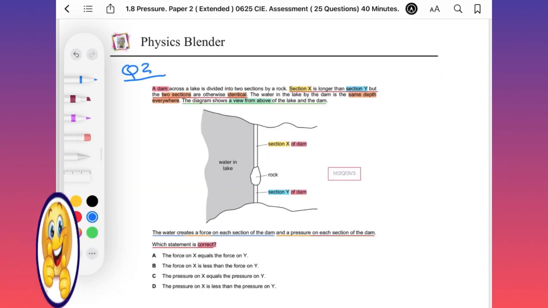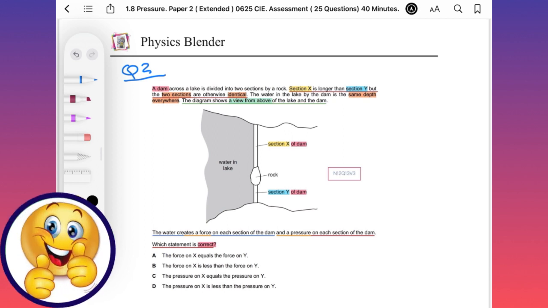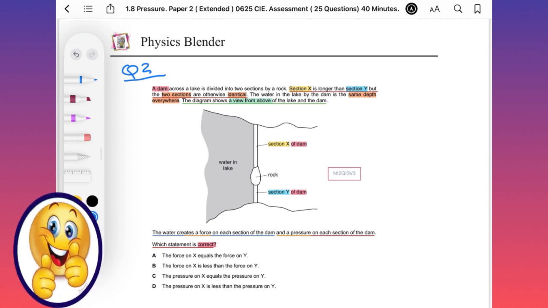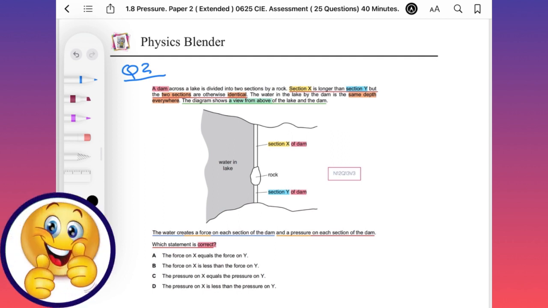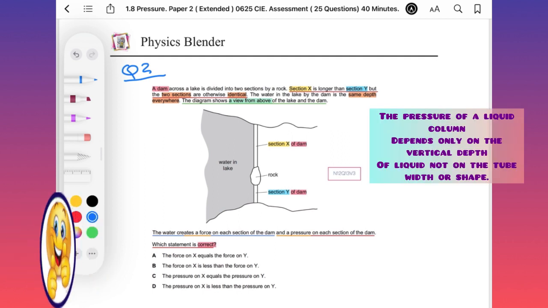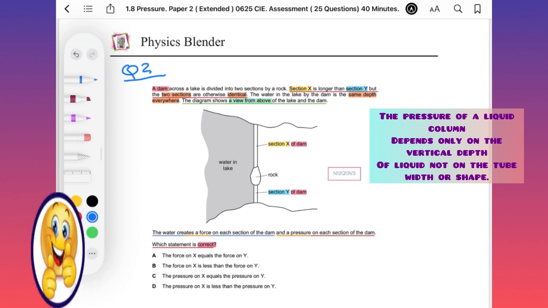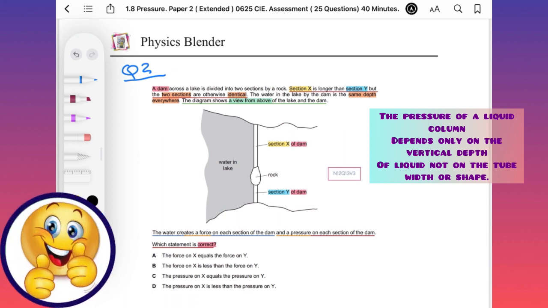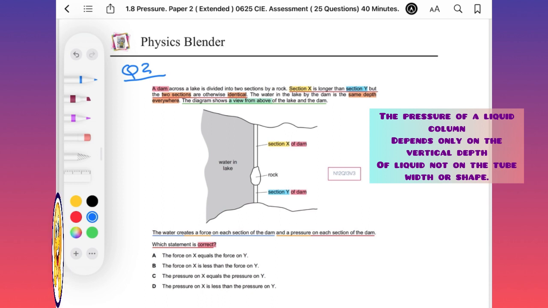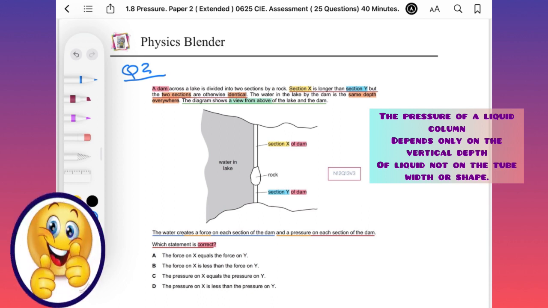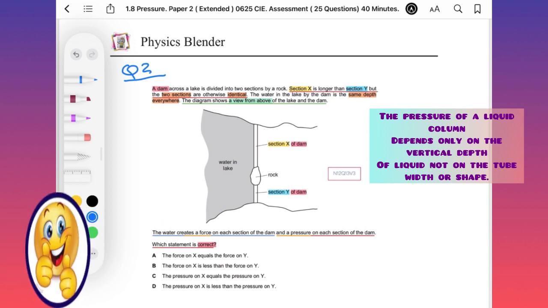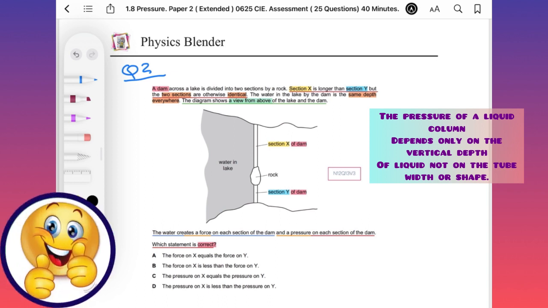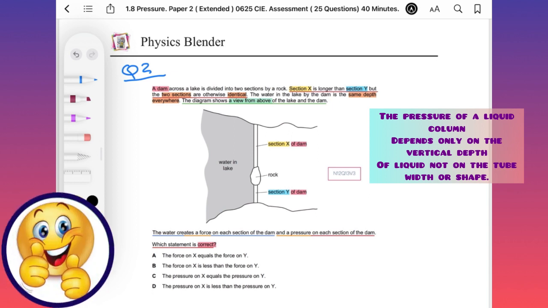Pressure due to liquid depends only on the vertical depth of liquid, not on the cross-sectional area or the width or shape of the container. So section X and section Y have the same pressure since they contain the same type of liquid, same density of liquid, and same depth of liquid.